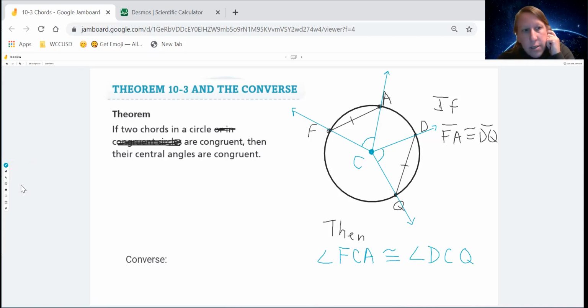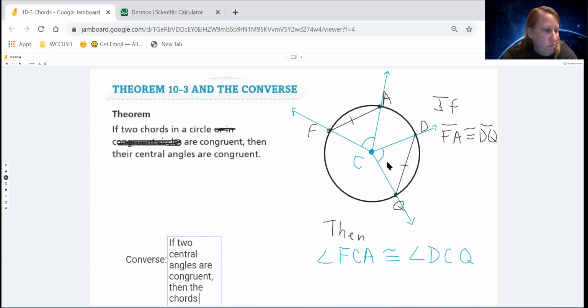Now, the converse is also true. We could prove these, but we're not going to right now. Does anyone think they know what the converse would say? If two central angles are congruent, then the chords are congruent.